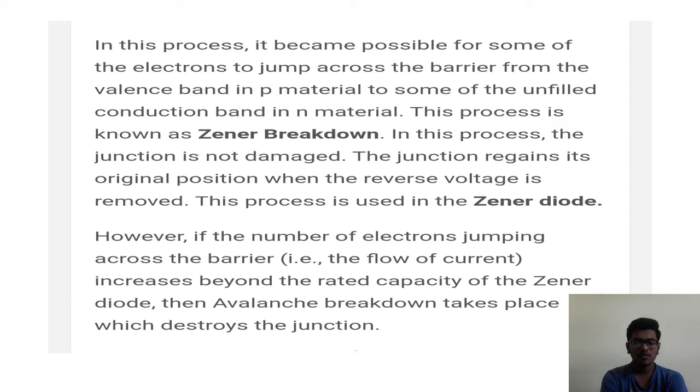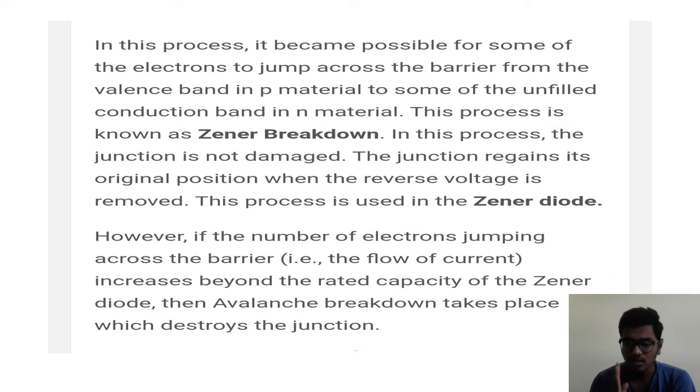However, if the number of electrons jumping across the barrier, that is, the flow of current, increases beyond the rated capacity of the Zener diode, then avalanche breakdown takes place, which destroys the junction. In Zener breakdown, some electrons jump across the barrier from the valence band in p material to the unfilled conduction band in n material.